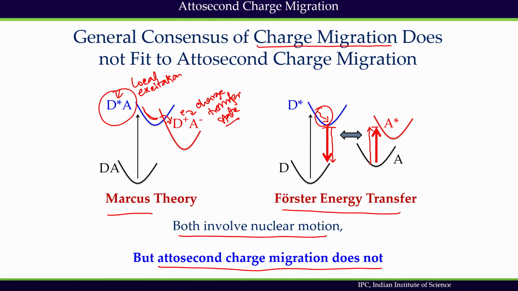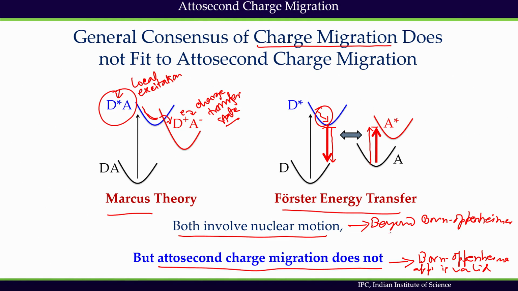That is why in this case the Born-Oppenheimer approximation is not valid, and here it has to be beyond Born-Oppenheimer problem. So it is going to be an electronically non-adiabatic problem.